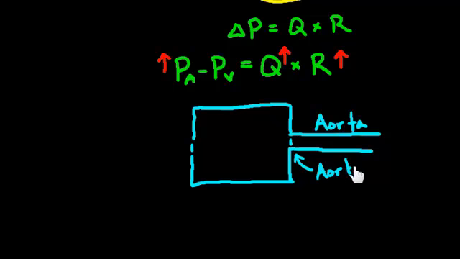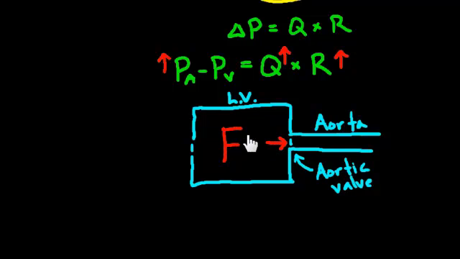Pretty easy name to remember. It separates the aorta from the left ventricle. LV for left ventricle. So the left ventricle is going to have to try to get blood through this door, through this valve, and the way to do that is to apply a force to that blood and force it through that door.